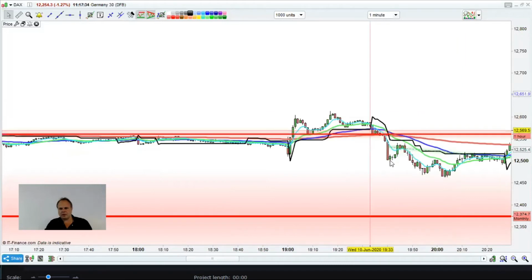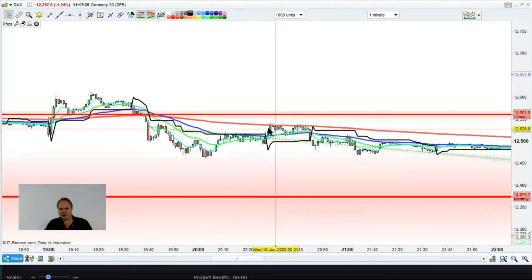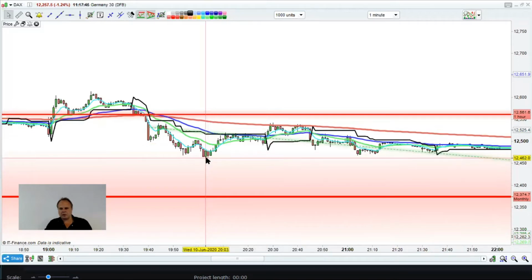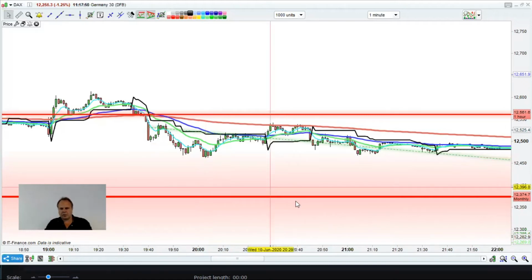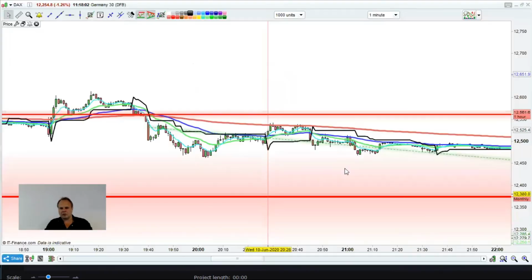And then it's continued its descent all the way through. So this was at 8 o'clock at night, and you see the price fell to 12,463. So if we go back, the long-term target is 12,470. So where are we looking at here? This point here, and of course here as well.